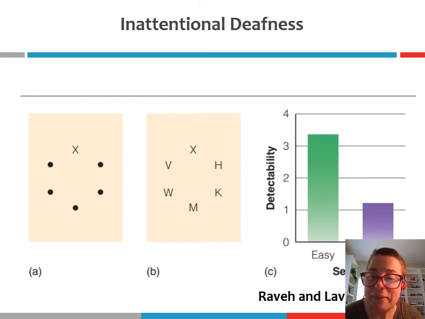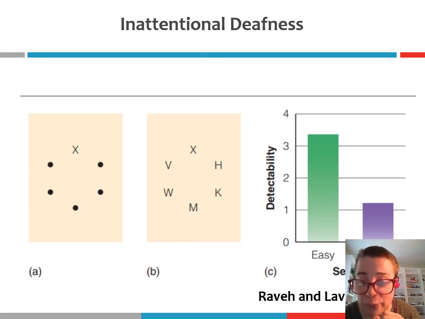What they manipulated was whether this visual search task was easy or difficult. And while they were completing that visual search task, the particular event that they were asked about was a tone. They were asked whether or not they could perceive just a simple auditory tone.